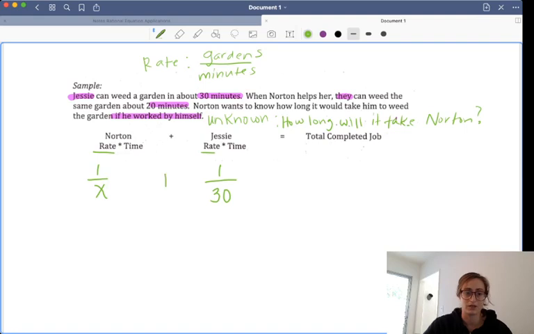Now, we're not ready yet. See right here, it says rate times time, okay? For time, we're going to use the information they gave us about the time it takes them to complete the garden together, which is 20.